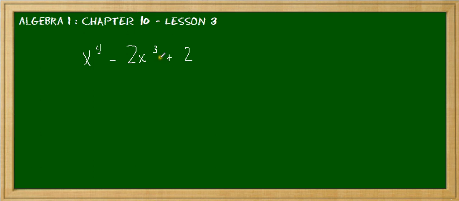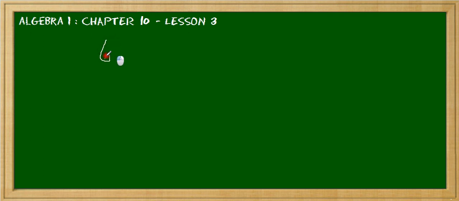We have here: factor 6x minus 24 into prime factors. Now, we're being told prime factors, so we've got to remember what prime factors are. And let's read here. The greatest common factor of 6x and 24 is 6, right?